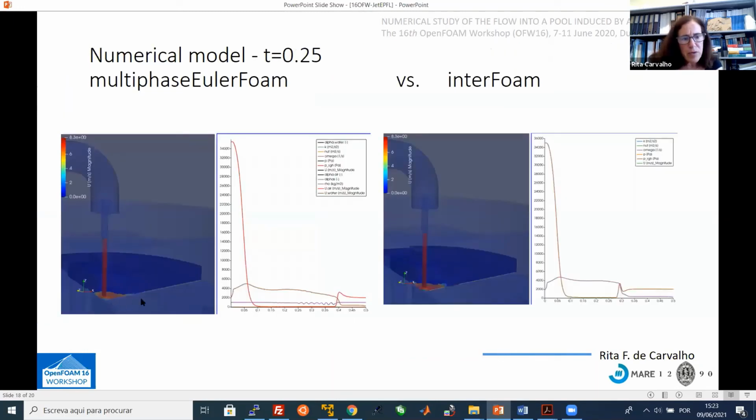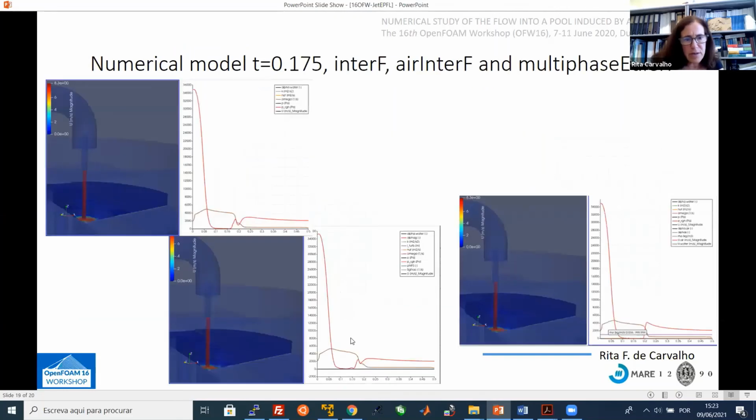If we look at the pressure at the same time, we have here the multiphase like interFoam, but some other value here that is not here.